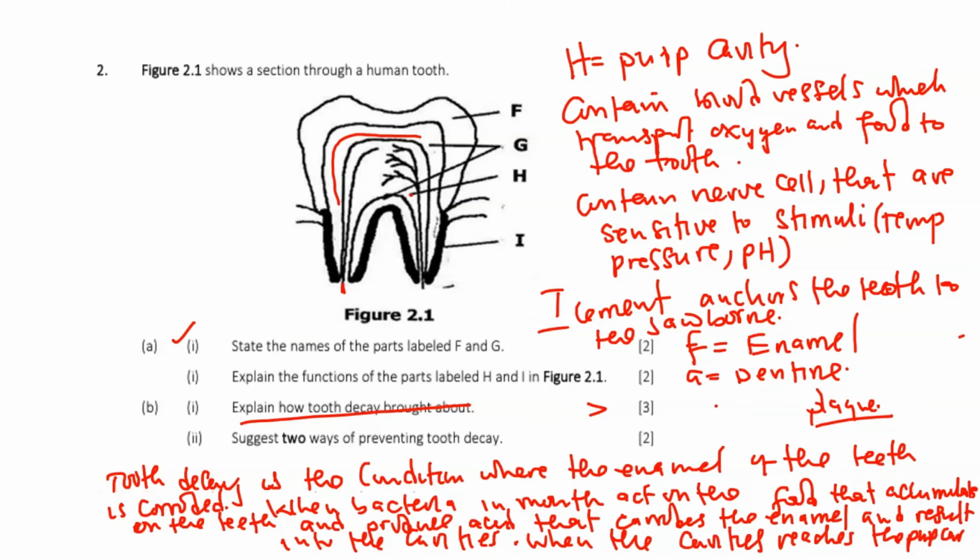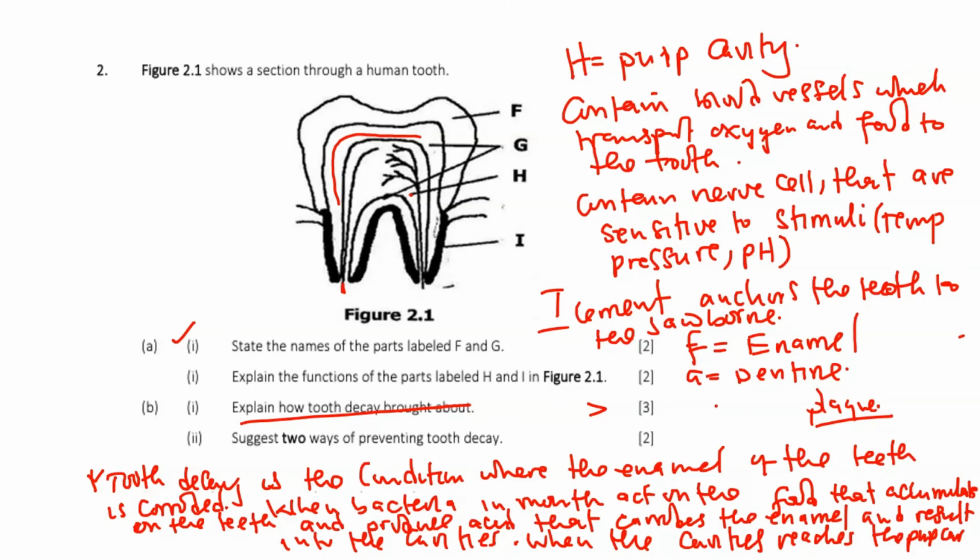The acid starts eroding the enamel, forming what we call cavities. When the cavities reach the pulp cavity, since the pulp cavity has sensitive nerves, it starts aching, and that is how tooth decay is brought about. So not necessarily defining it first, but just going on to explain how it is brought about. And I hope you've gotten this.